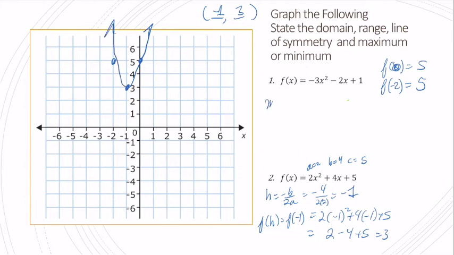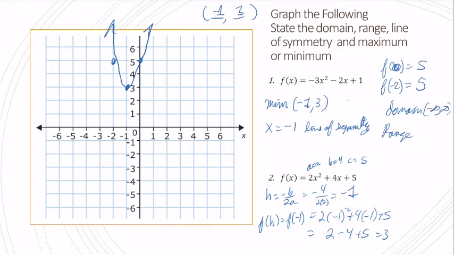My minimum is my vertex. My line of symmetry is x equals negative 1. My domain goes from negative infinity to positive infinity, and my range goes from 3 all the way to positive infinity.